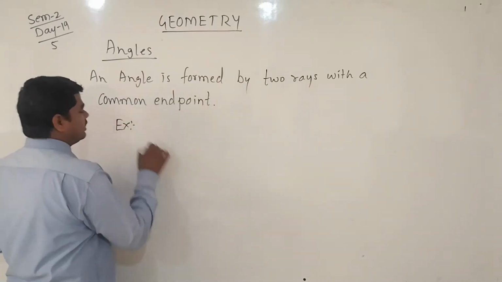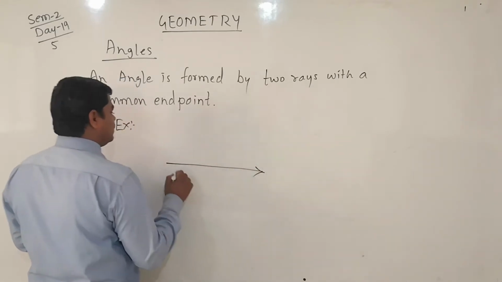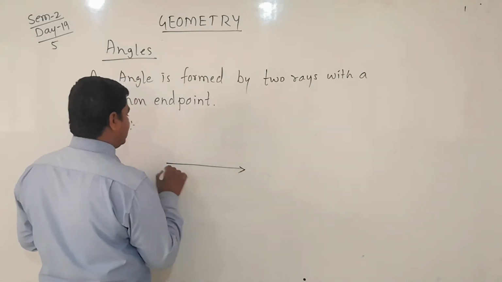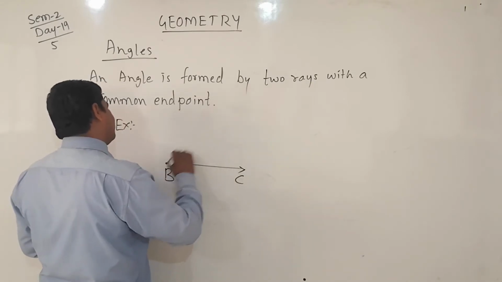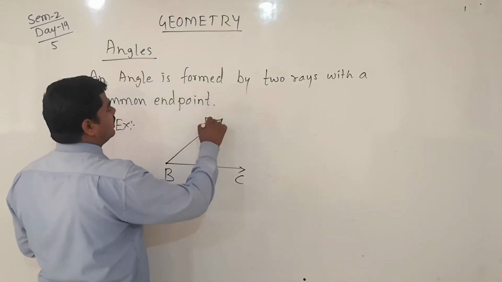Example here: this is one ray, BC is a ray, and BA is another ray with the common endpoint.